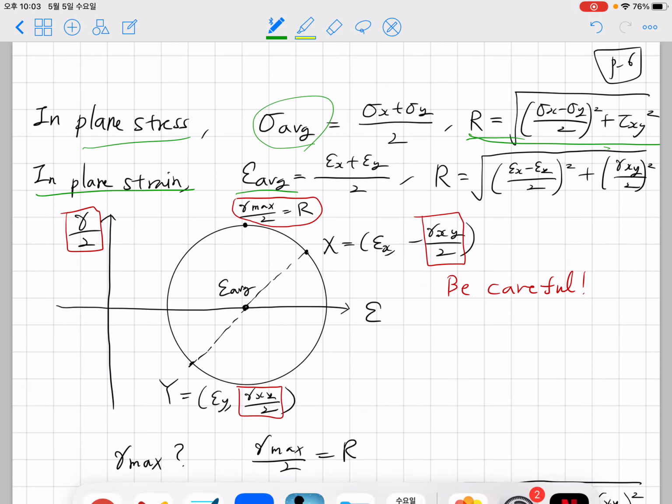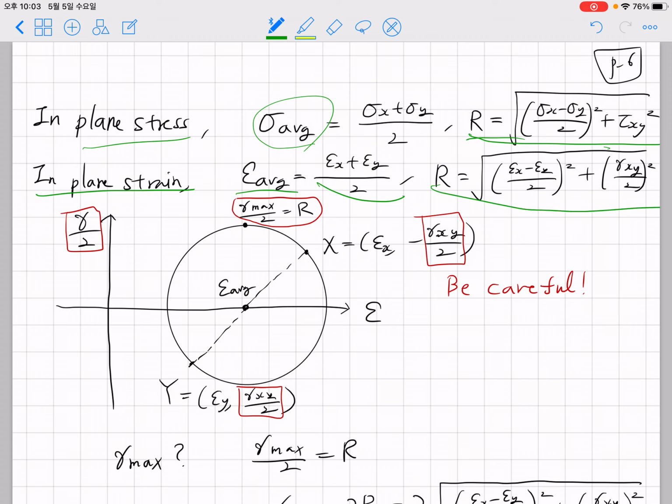The average is given as epsilon x plus epsilon y divided by 2, and the radius of the strain Mohr circle is given by simply replacing sigma x with epsilon x, sigma y with epsilon y, and tau xy with gamma xy over 2. Then you can obtain the radius for the Mohr circle. In drawing the Mohr circle, your horizontal axis and horizontal reading will be epsilon. Your vertical axis and vertical reading will be gamma over 2. So please be careful, and other than that, everything is the same.